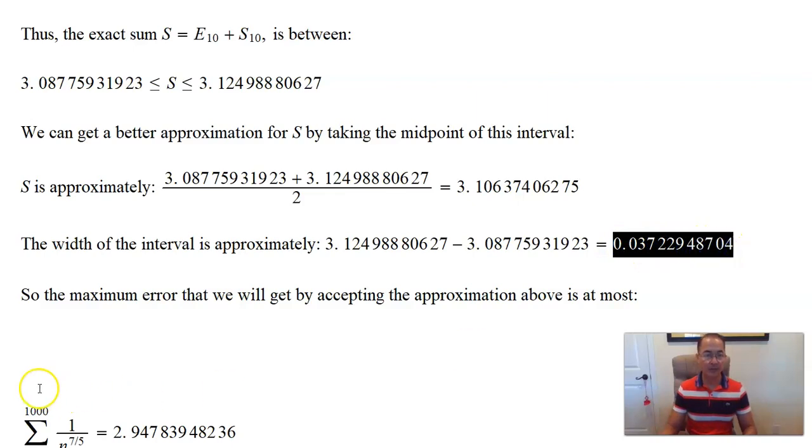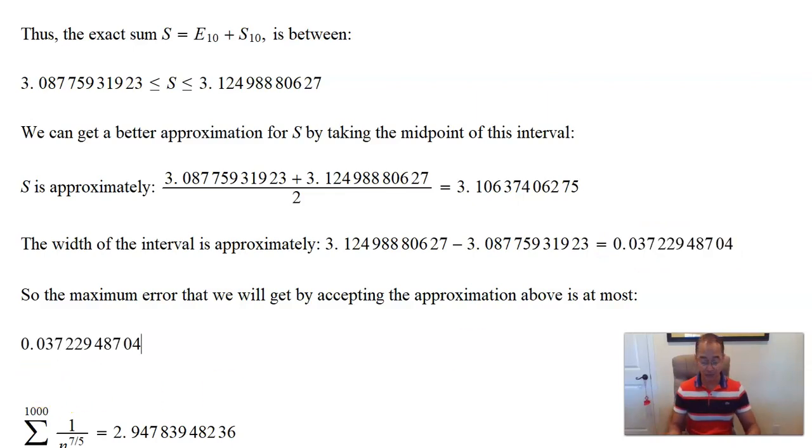Okay, we saw the formula b minus a divided by 2, which is about 0.018.